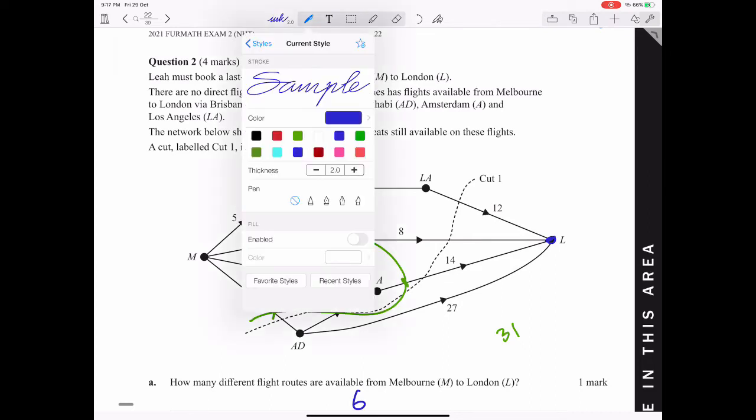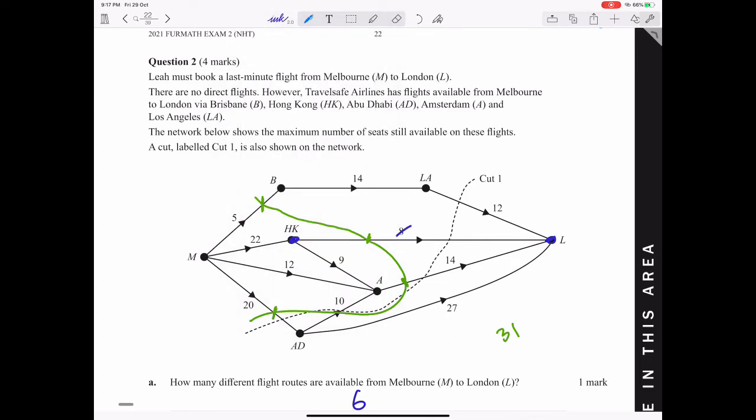So let's try adding 8 seats to Hong Kong and London, so that results in 16. Now, if you do that, the minimum cut remains the same, I believe. I can't find anything else that could potentially result in a new minimum cut. No, there does not look like anything else. So basically, the minimum cut will remain along this path.